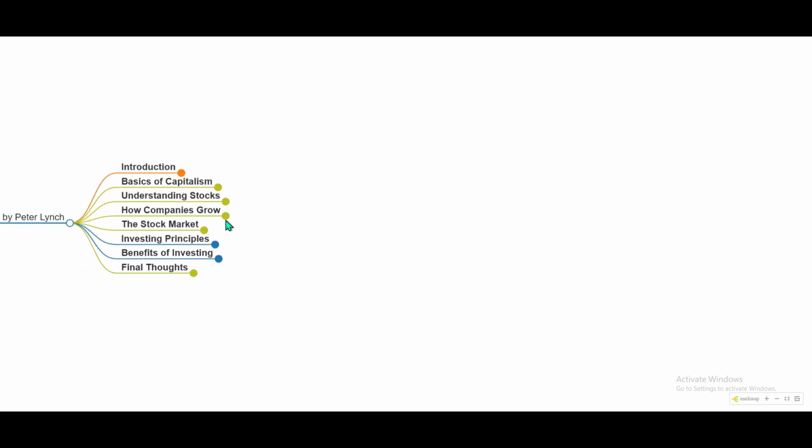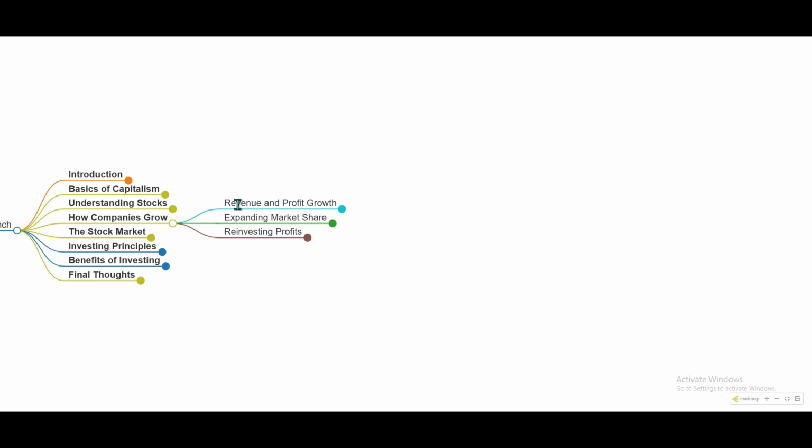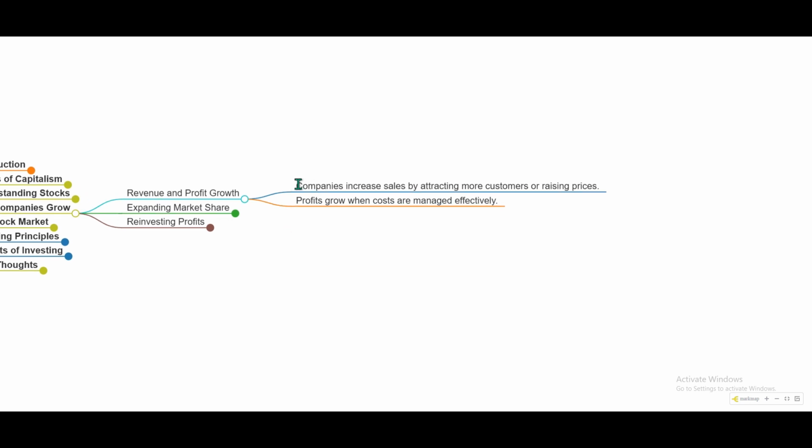Now, how do companies grow? First of all, there are three ways in which a company grows. First is revenue and profit growth. In revenue and profit growth, companies increase sales by attracting more and more customers or raising prices, and that's how they make profit.